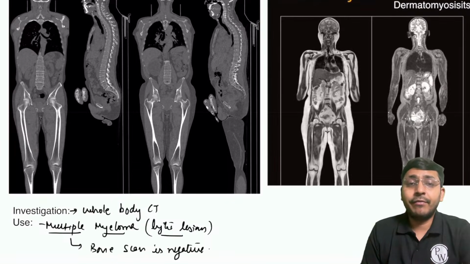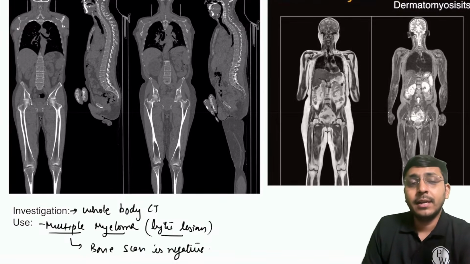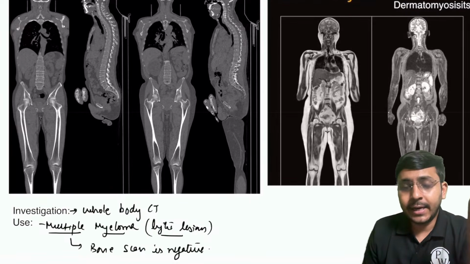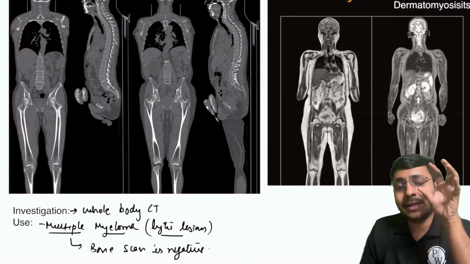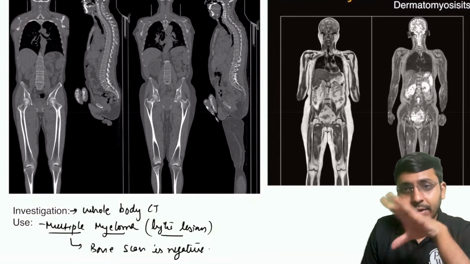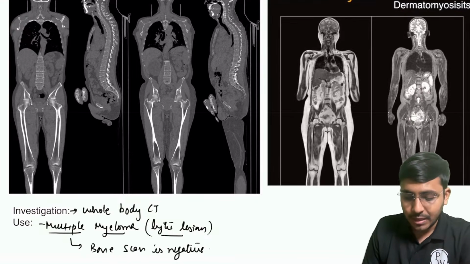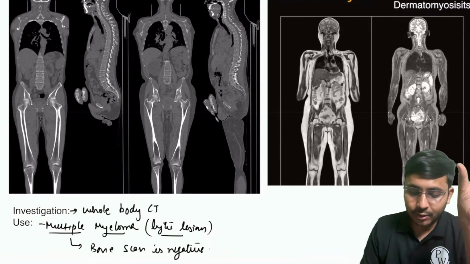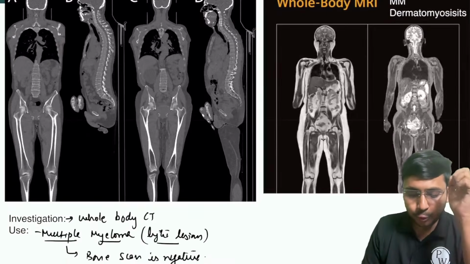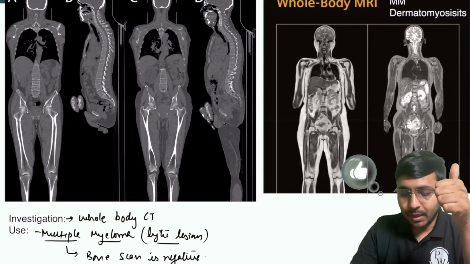So all we are left with is an anatomical image to see lytic lesions. And why is bone scan negative? Because there is no osteoblastic activity happening in multiple myeloma. There are plasmacytic infiltrates. Plasma cells infiltrate. So you can only pick them up by an anatomical scan like a whole body CT. The use of whole body CT is multiple myeloma.